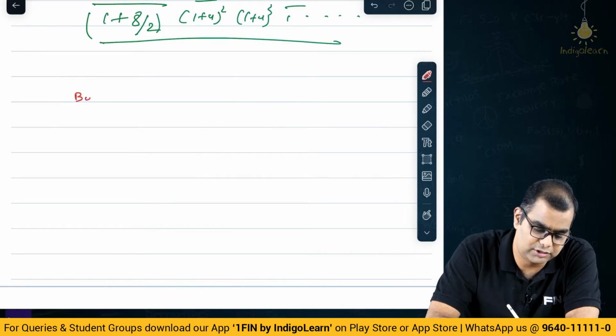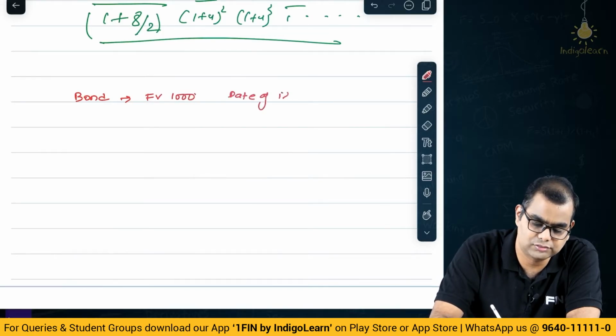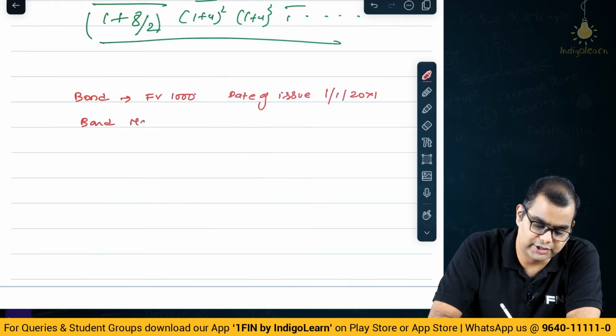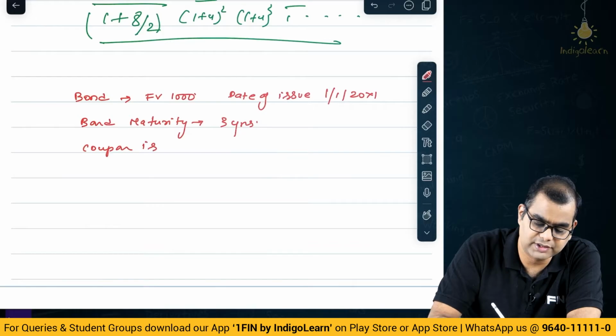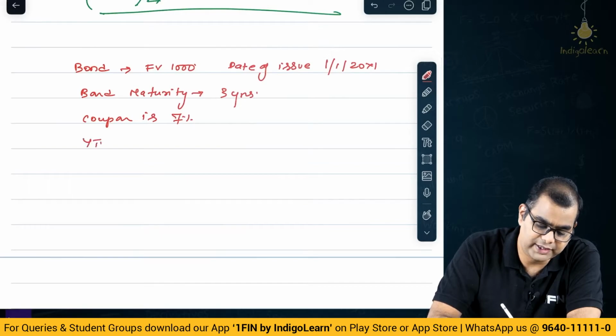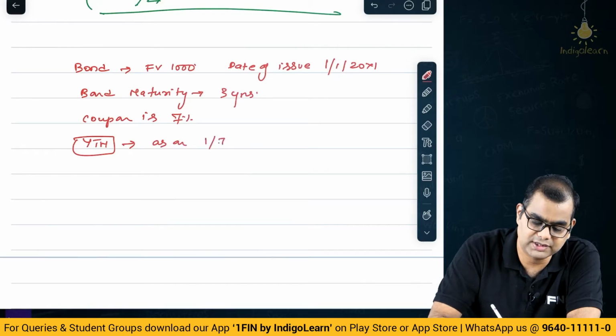Let us say there is a bond, face value is 1000, date of issue 1/1/20x1, bond maturity is 3 years, coupon is 7%, YTM, current YTM as on 1/7/20x1 is 8%.